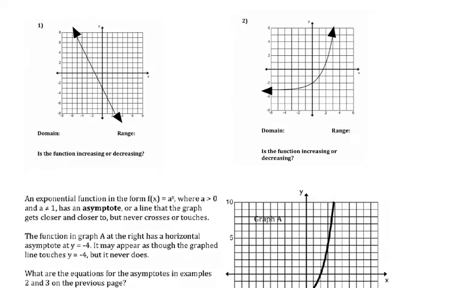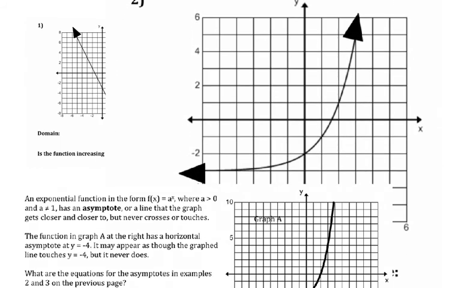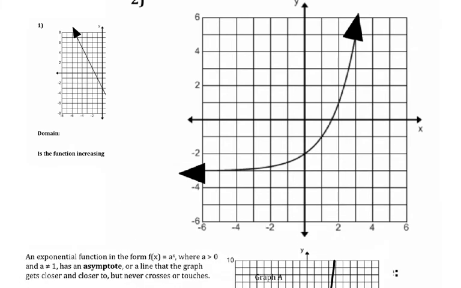So let me zoom in here a little bit and see if we can get this a little bit bigger. Okay, scoot it over here. Okay, so if I look at the interval from 0 to 2, so let me write from 0 to 2.